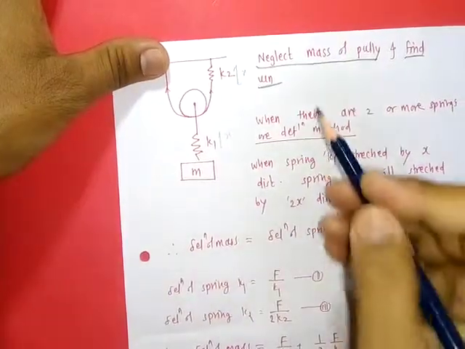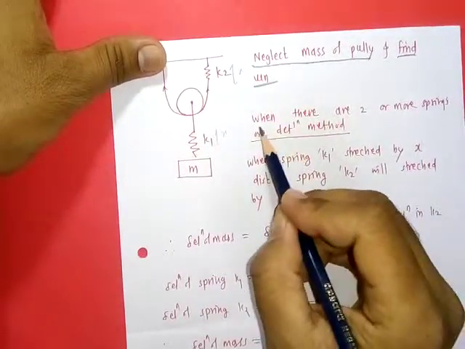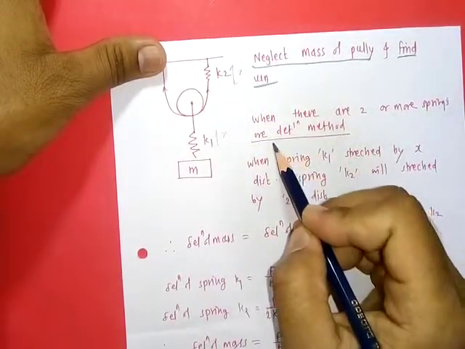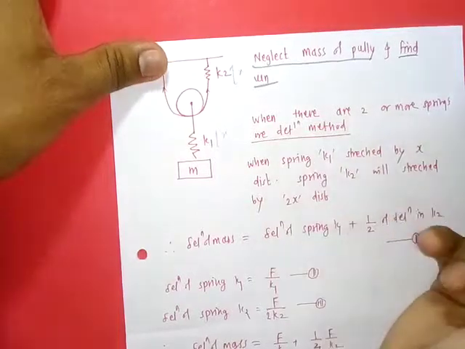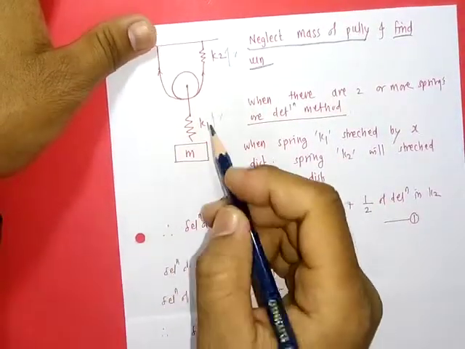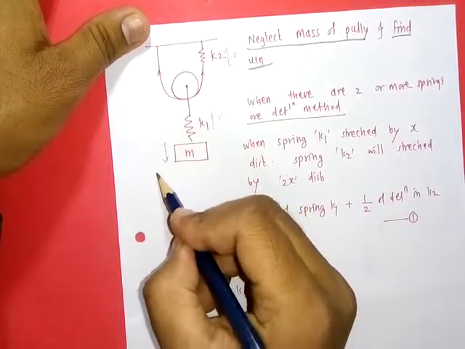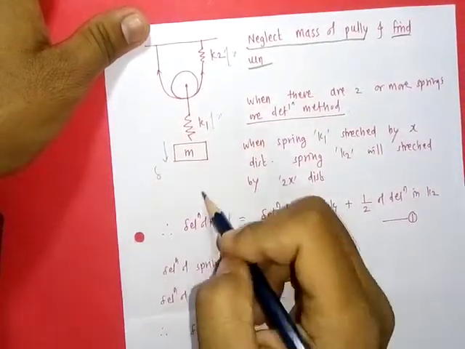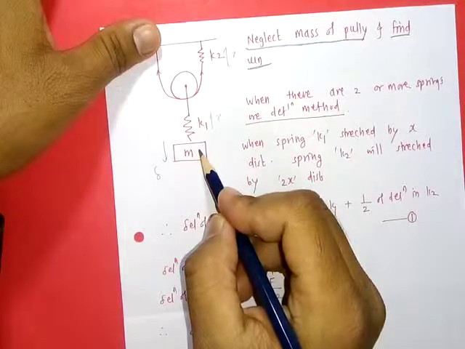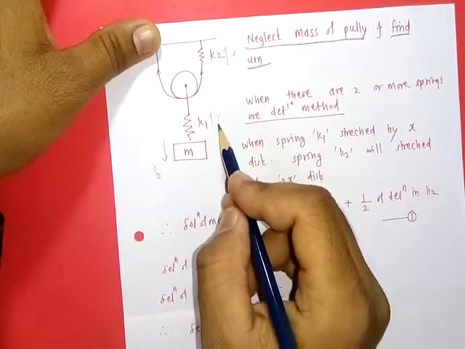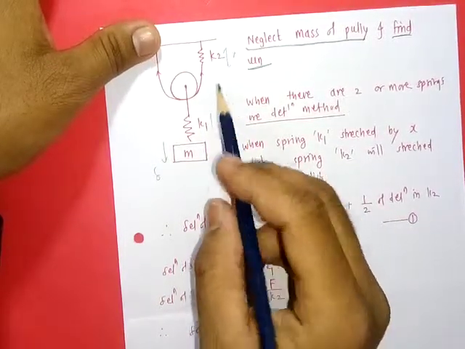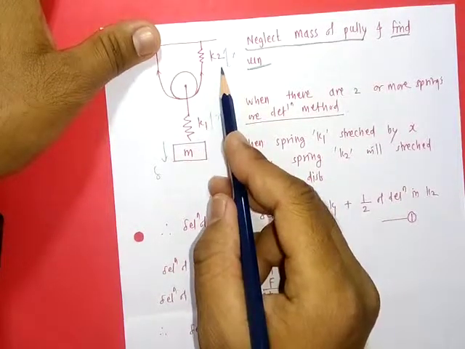Suppose there are two or more springs, use this deflection method. Now consider del is the deflection of mass. Then this deflection of mass will be equal to deflection in spring 1 plus deflection in spring 2.